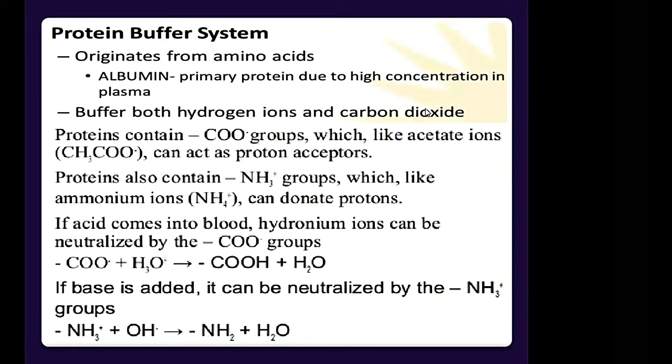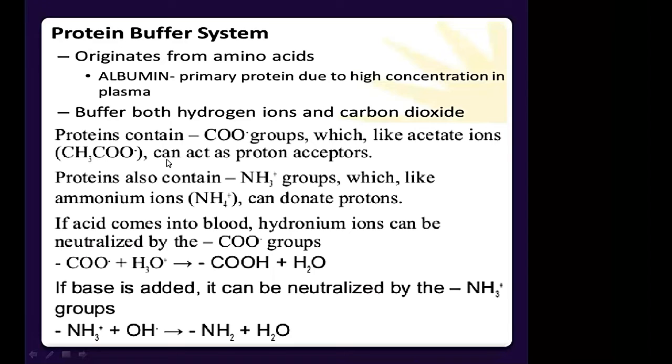Next one is the protein buffer system. It originates from amino acids only, as I have already shown you. Albumin is a plasma protein. It is the primary protein due to its high concentration in the plasma of the blood. This albumin is going to act as a very important protein buffer system. It buffers both hydrogen ions and carbon dioxide.